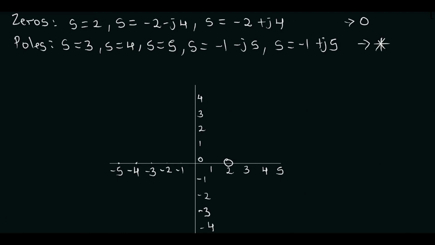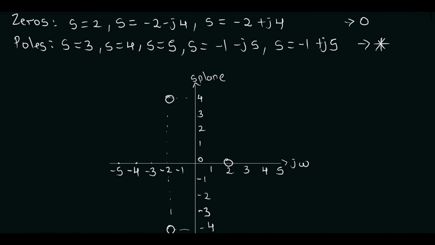So this is your s-plane, this is your imaginary j omega. So we have zeros at minus 2 minus j4, we trace it down, minus 2, so we have this. Then minus 2 plus j4.